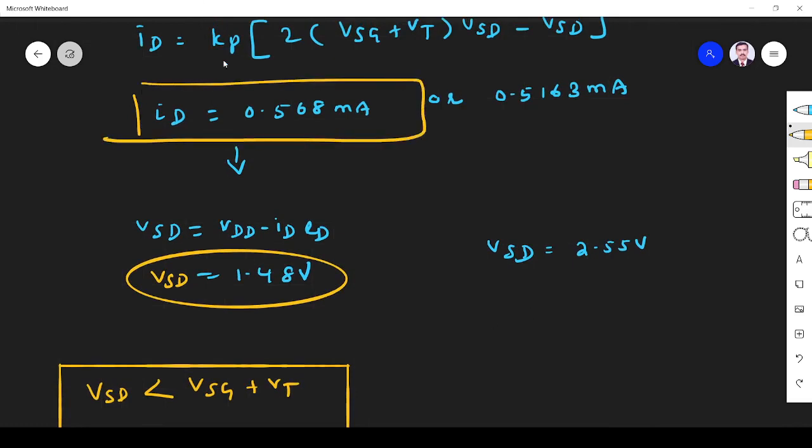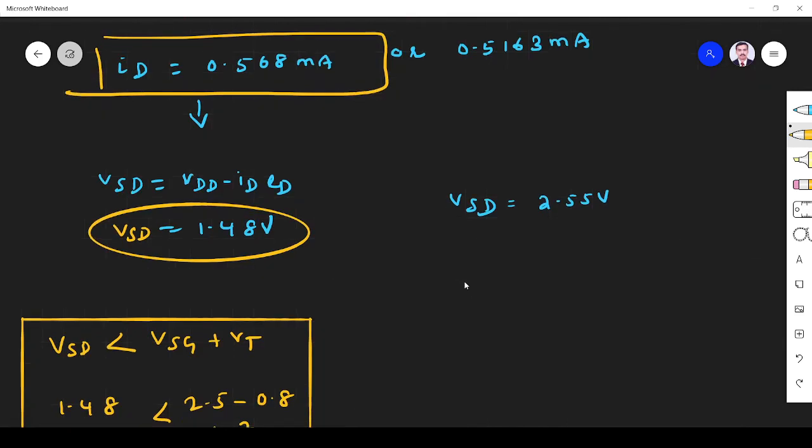Let us check the same thing here. Here ID is 0.5163, VSD is 2.55. VSG we know is 2.5, VT 0.8, so 1.7. So 2.55 is greater than 1.7, so it is in saturation mode, but originally the device is in non-saturation mode. So this one is wrong. This one we will choose.